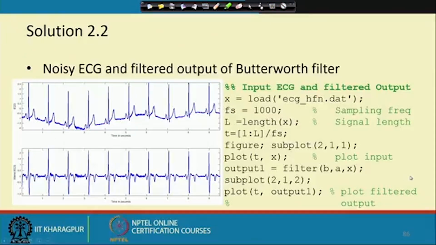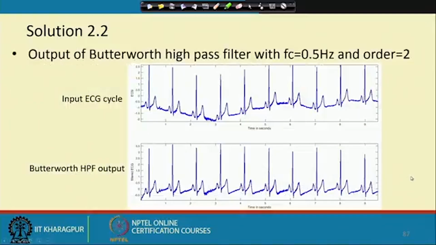Okay. So, let us see how the thing will change. Now, to appreciate it better, we see it here how the thing looks like for that cutoff frequency 0.5.